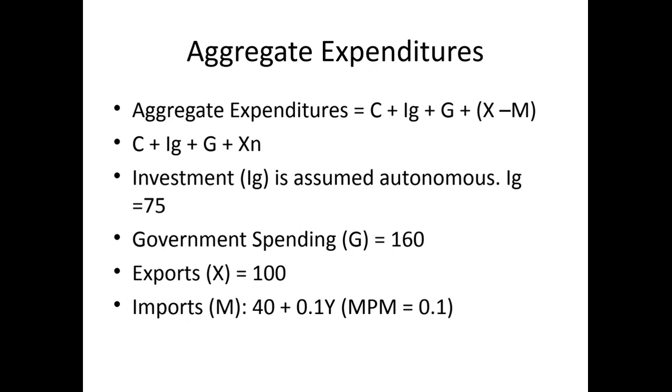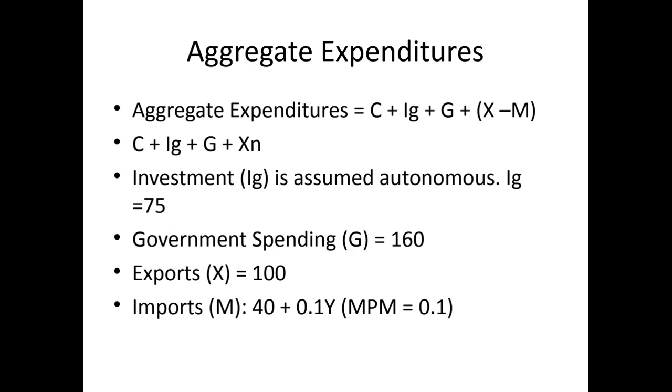Now I am going to give you all the detailed information, because using the consumption and saving functions, I discussed the meaning of autonomous consumption, marginal propensity to consume, marginal propensity to save, marginal tax rate, the tax function, and the saving function.